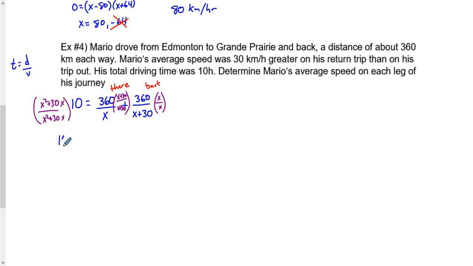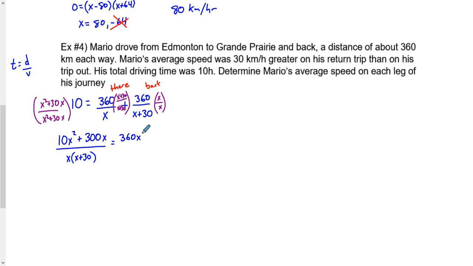So we have a 10x squared adding 300x over an x and an x add 30. So 360x.